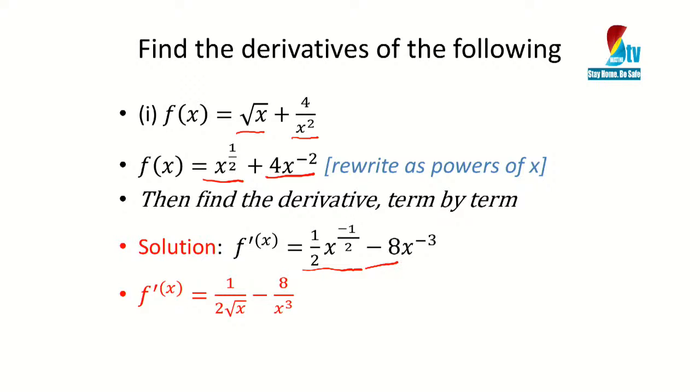And then minus 2 minus 1 will give you minus 3. And then we rewrite. So this is the same as 1 over the square root of x. We know that we use this to show the root that we are finding. So second root is the same as the square root. And then this is 8 over x cubed.